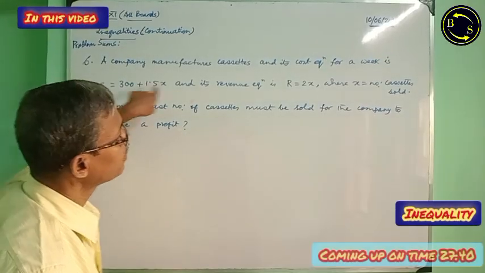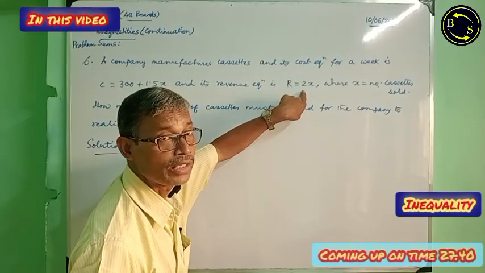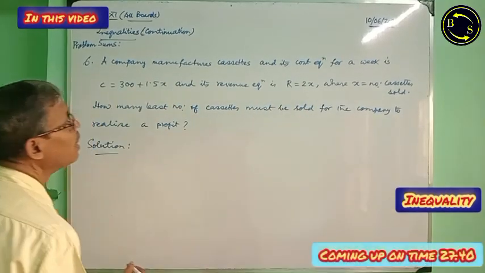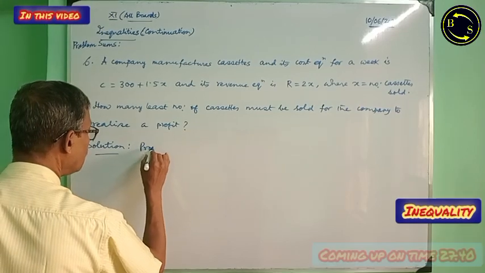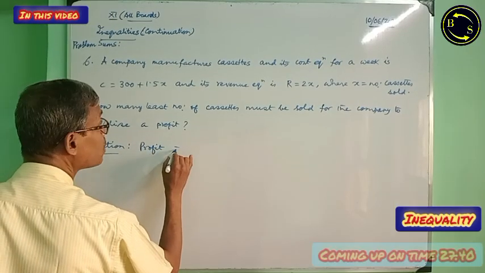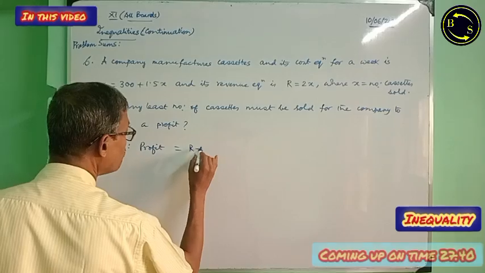Cost price at this is selling price actually. Then profit is equal to R minus C.